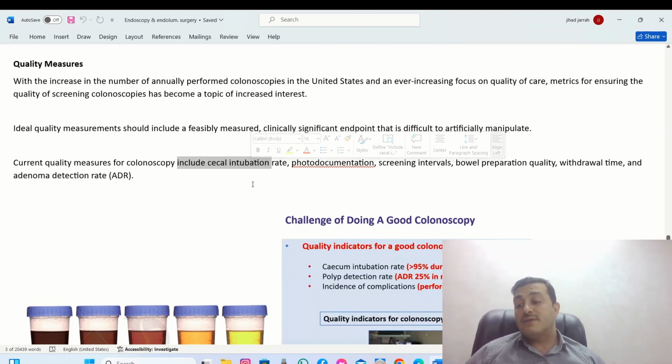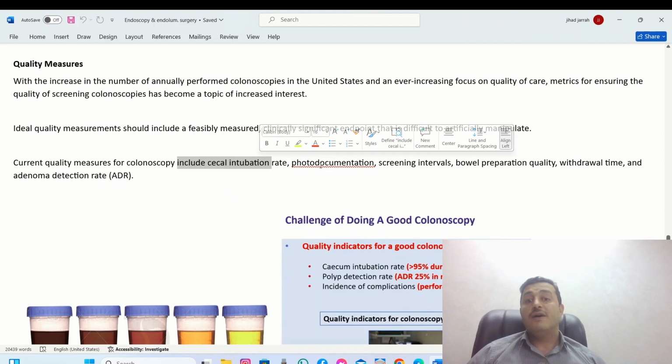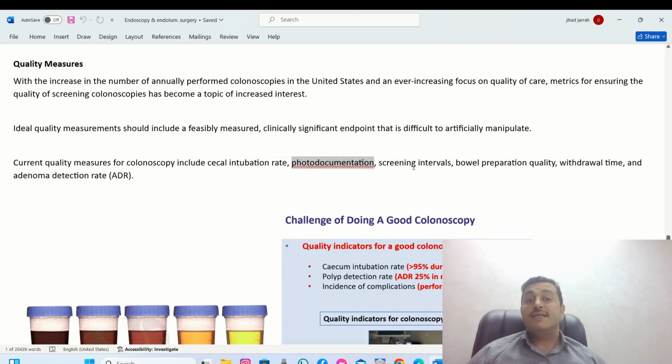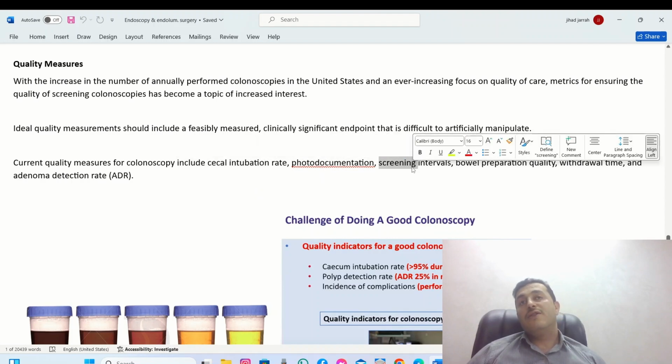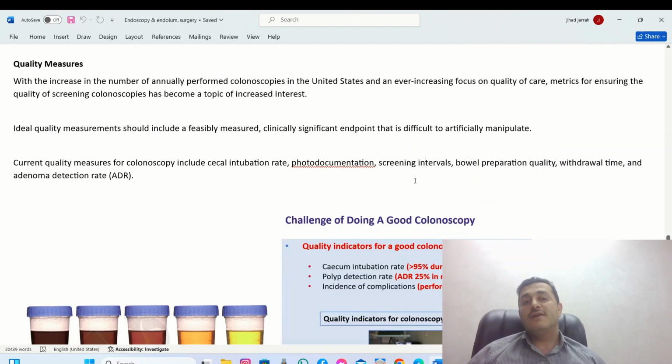You should struggle against your ego and not put the patient at additional risk trying to intubate a difficult part of the colon. So this is not reliable enough. Photo documentation, screening interval.